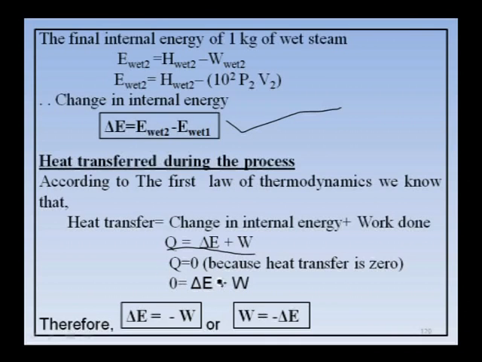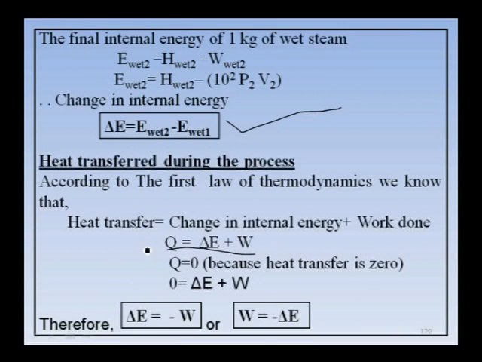So, from this, if you want the change in internal energy delta E, it becomes minus W, or if you want work done W, it becomes minus delta E. Why? Because Q is equal to 0. That means change in internal energy is nothing but minus W, or work done is nothing but minus change in internal energy in an adiabatic process.